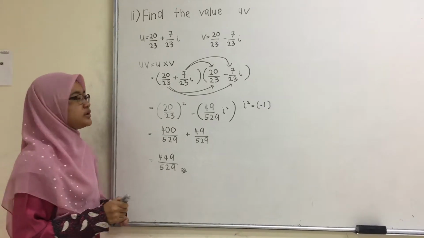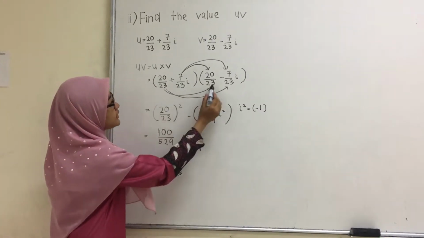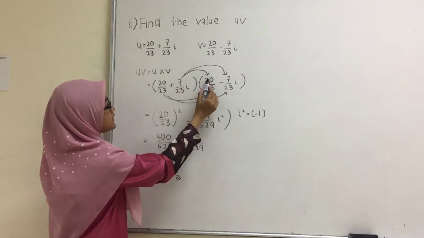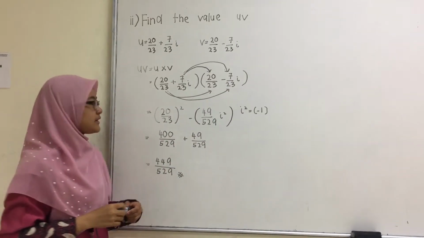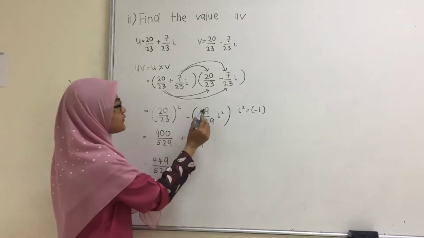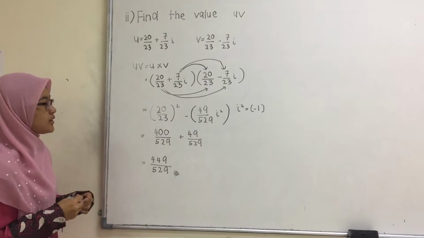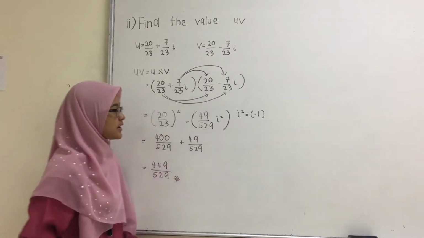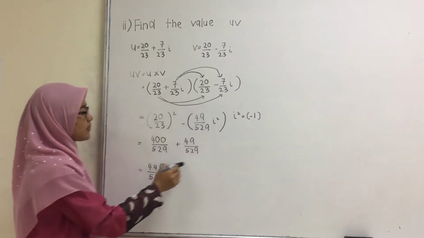Next we multiply these two terms: this with this, this with this, this with this, and this with this. So what we will get is (20 over 23) squared minus 49 over 539 i squared. We already know that i squared is equal to negative 1, so we substitute negative 1 for i squared.